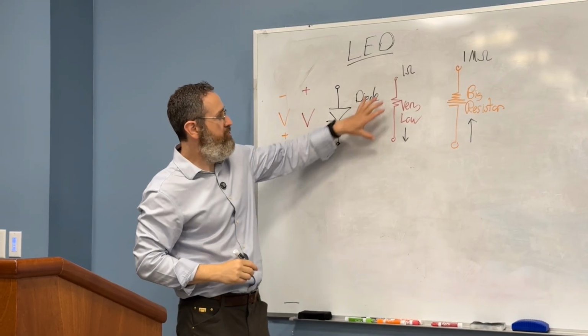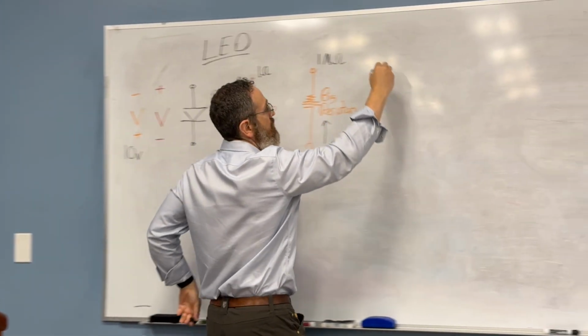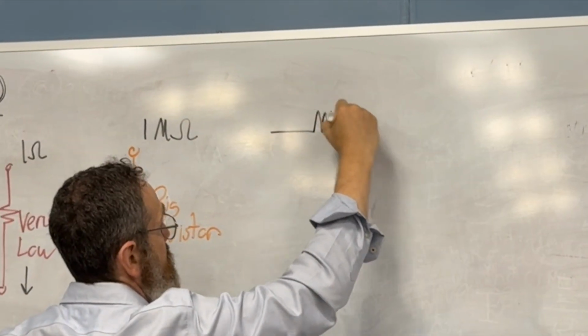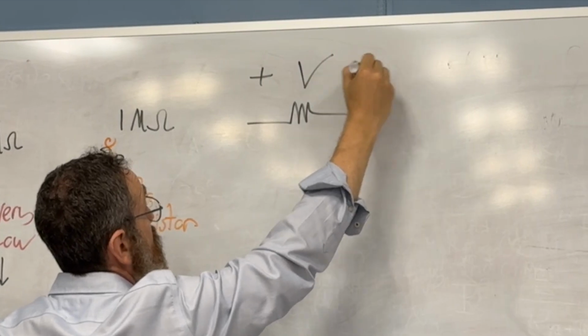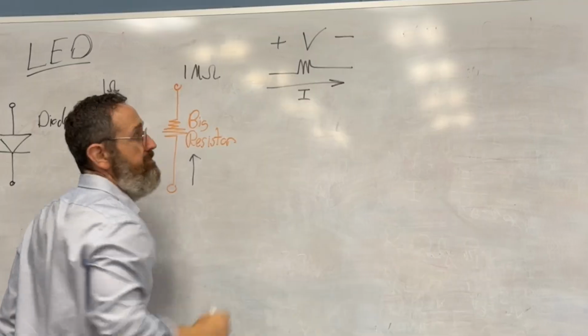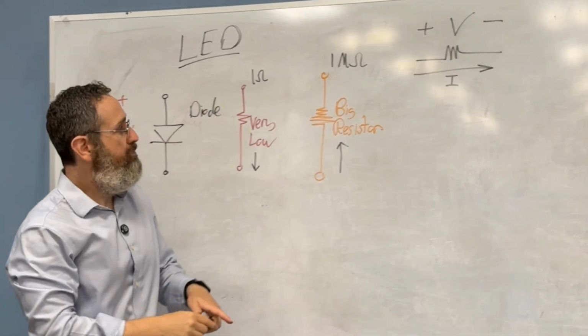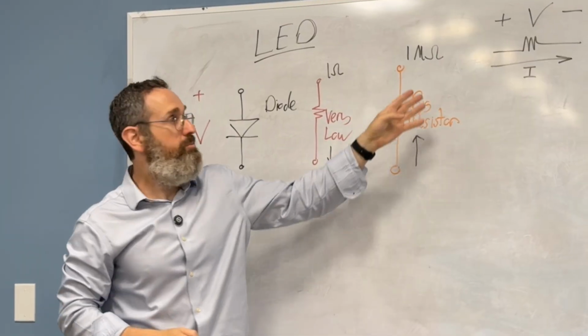Now, you'll notice I just changed the direction, right? Because Ohm's law has a direction. And Ohm's law says that for a voltage in this polarity, the current is going to flow this way. Now, I could have put it the other way and said it's a negative current, but this is the convention.